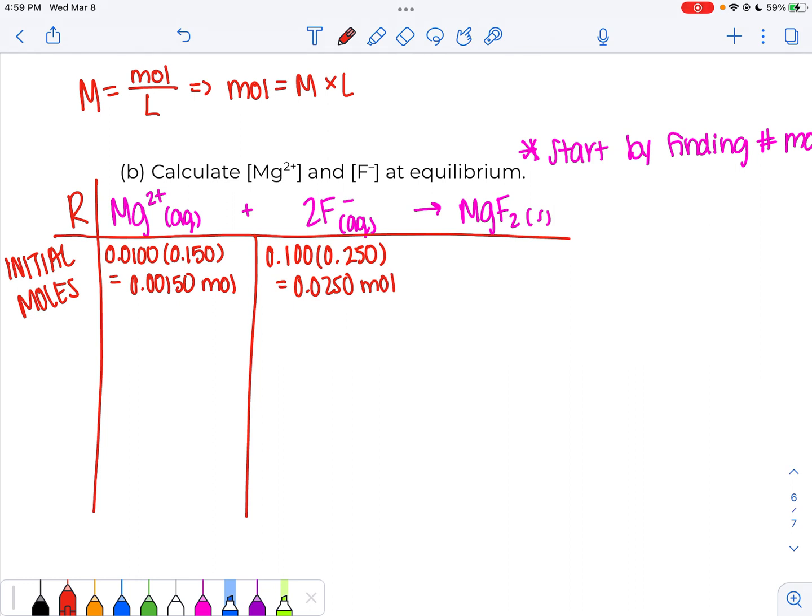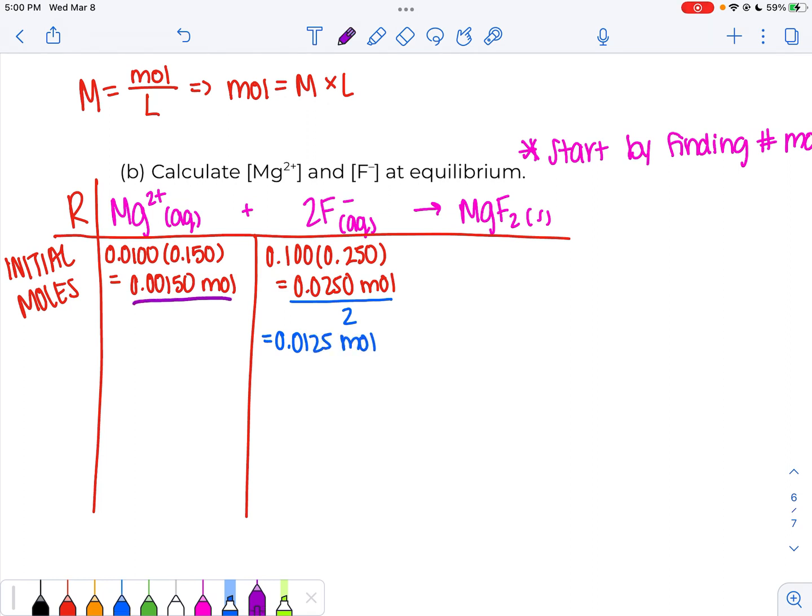So remember, if we're trying to figure out which one's our limiting reactant, which one's going to run out first, we can only compare these things in moles using the stoichiometric coefficients. So magnesium, we're just using 1 mole of. Fluoride, we need 2 moles every time. So I'm going to take my initial number of moles here, and I'm going to divide it by 2 to compare how many moles I have in like a 1-to-1. So when I divide this number by 2, I end up with 0.0125 moles.